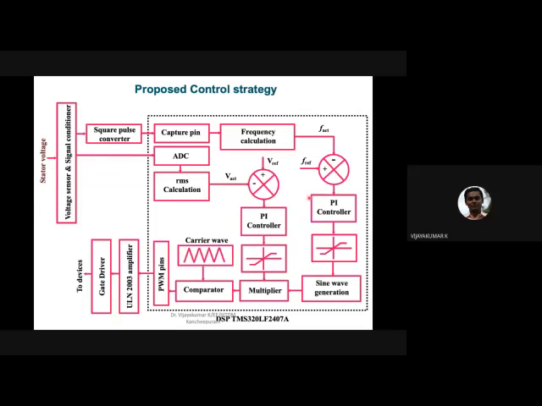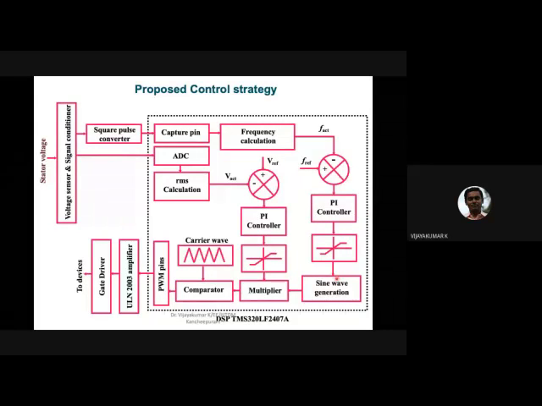Here the PI controllers track your error, and by tracking the error, they give the control signal. That control signal you can give to the PWM generation. Another novelty in this work: if you are doing SPWM, sinusoidal pulse width modulation, in the processor, then we have to take the sine wave as a feedback.